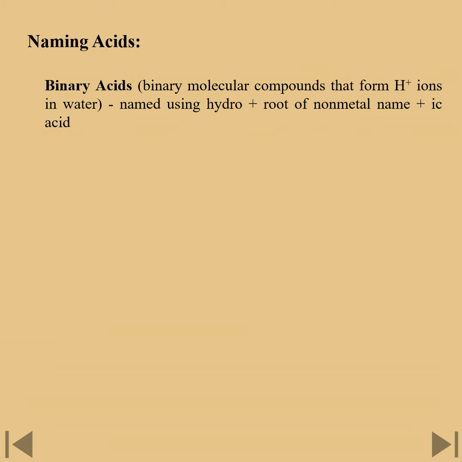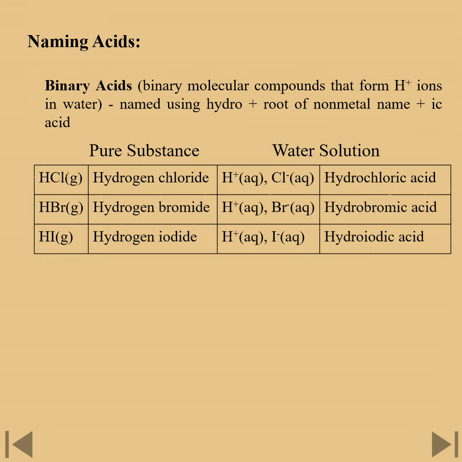That's one example. Now we'll see some examples of some pure substances and this new name when they're placed in water. HCl all by itself is hydrogen chloride, using our normal binary molecular rules. HBr, hydrogen bromide. HI, hydrogen iodide. But when we put them into water, then they can kick out that hydrogen while stealing the electron.